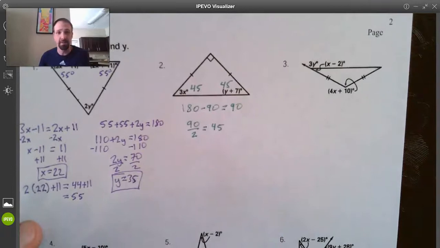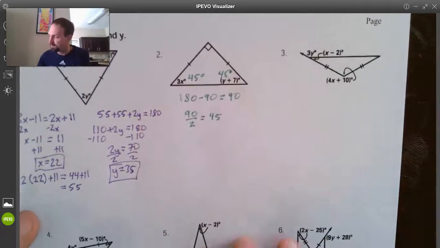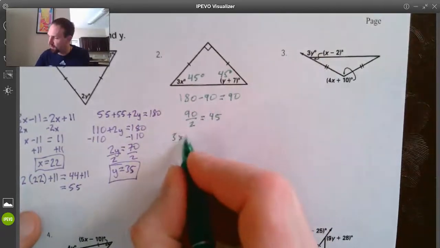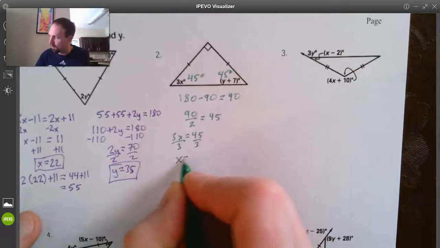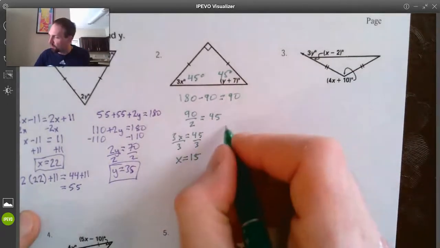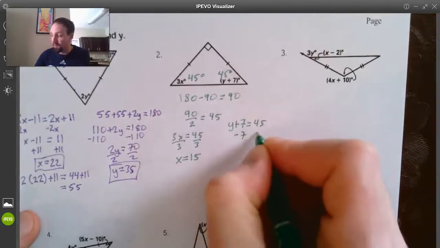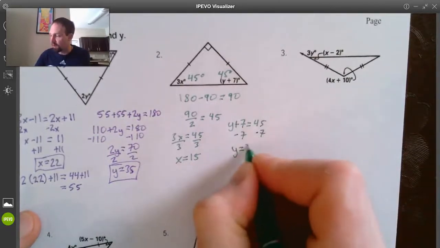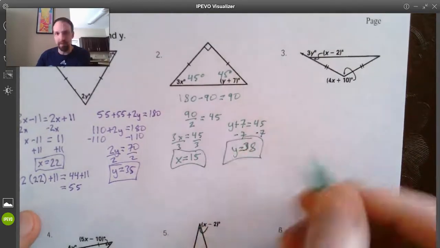If they're both 45 degrees, I can use that information to find x and y. So I have 3x equals 45. Divide by 3 on both sides, I get x equals 15. This one is y plus 7 equals 45. So I can subtract 7 on both sides, and I get y equals 38. That gives me both x and y.